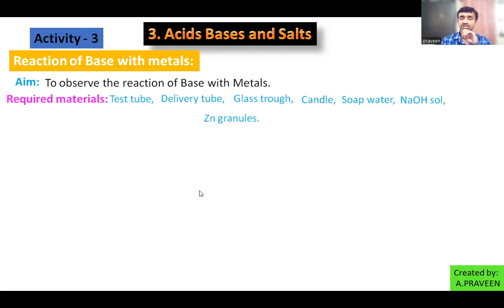So reactivity series is simply arranging the metals in increasing or decreasing order of reactivity. Mostly decreasing order, from high reactivity metals to less reactive metals. Above hydrogen, highly reactive; below hydrogen, less reactive. So that will be given in detail in the 11th lesson, right? So I collected the required materials here.